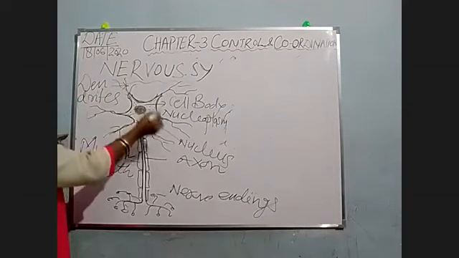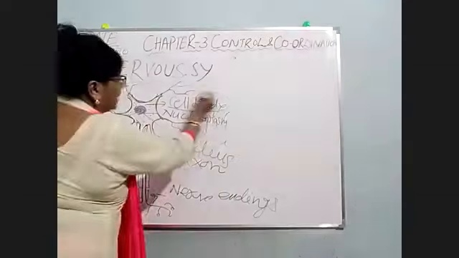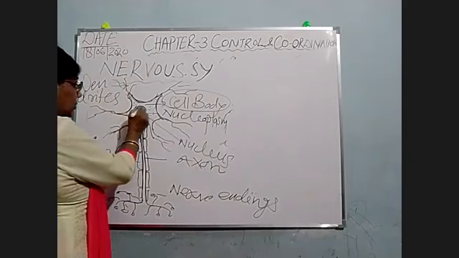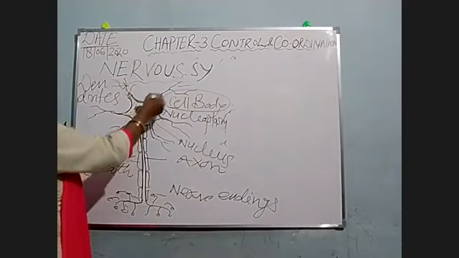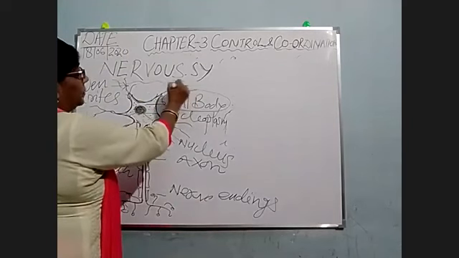So this is the structure of a neuron. A single neuron consists of a star-shaped body called the cell body or cyton, containing nucleoplasm and one central spherical nucleus. From the cell body arise finger-like projections called dendrites.